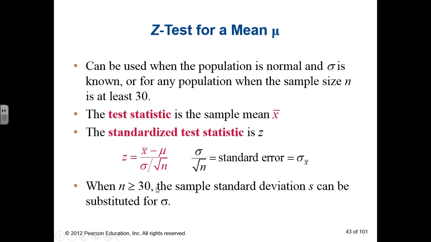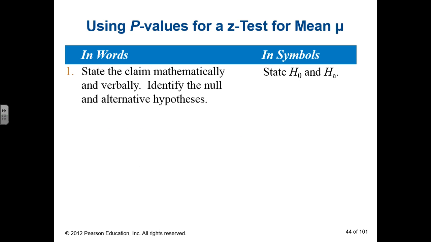But if n is greater than or equal to 30, then the sample standard deviation can be substituted. If the sample size is less than 30, we're going to see that in section 7.3, then we'll be using the t-distribution.